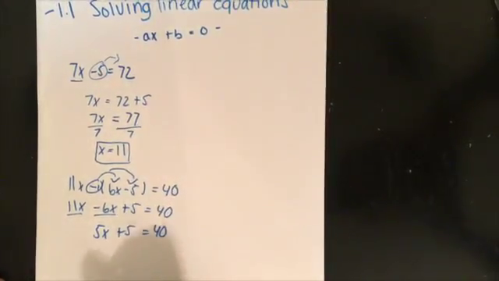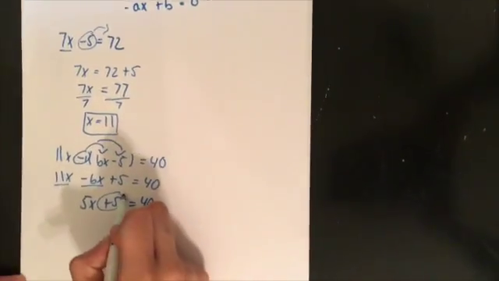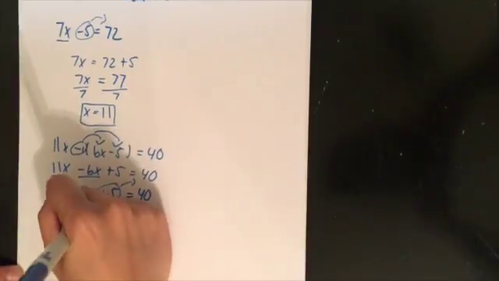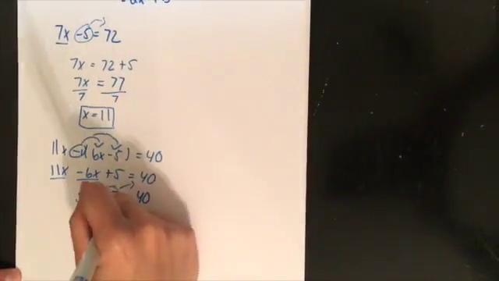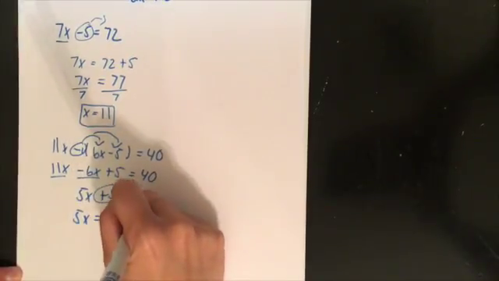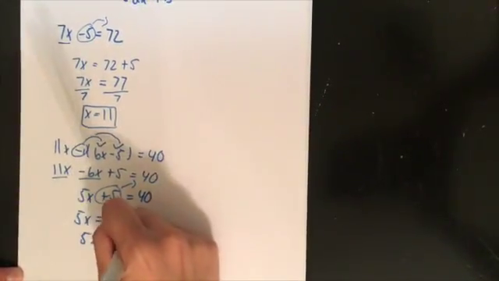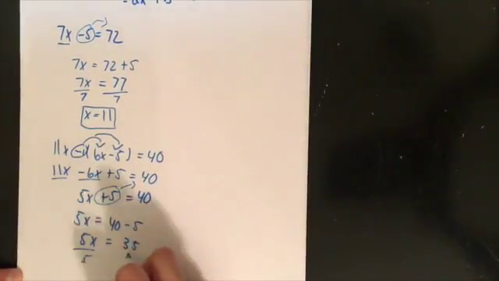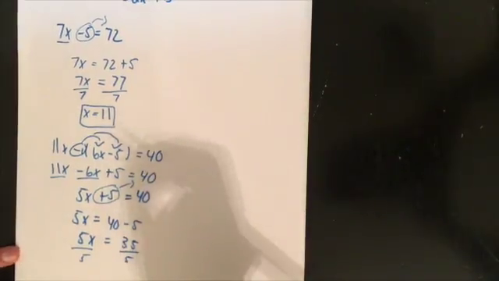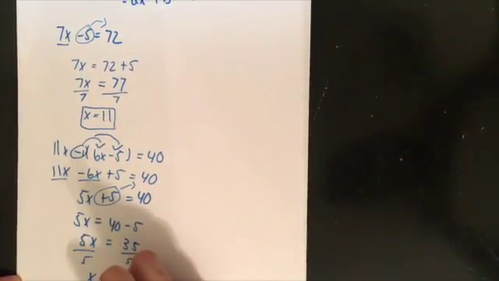Now you want to do the same thing as we did in the first problem, so you're going to send over the 5 to the other side and you're going to be left with 5x is equal to 40 minus 5, which will give you 5x is equal to 35, and then you're going to divide by 5 on both sides and you're left with x is equal to 7.